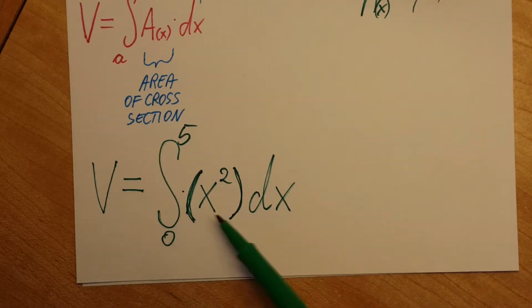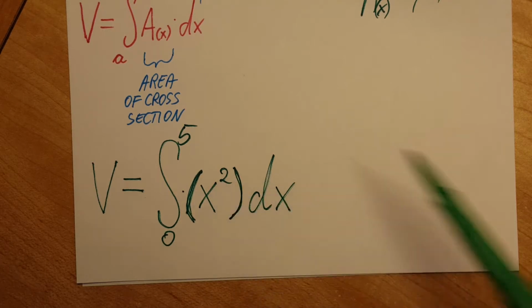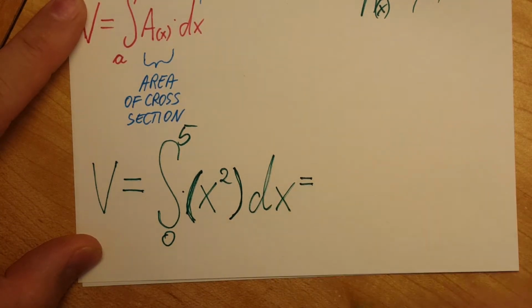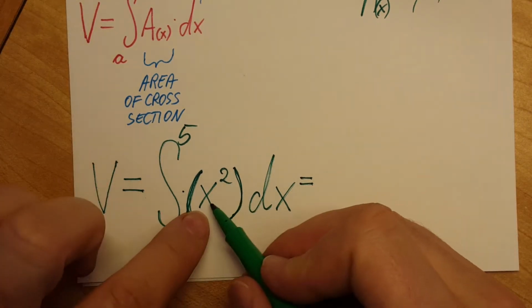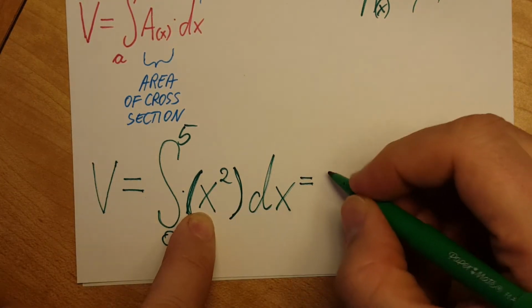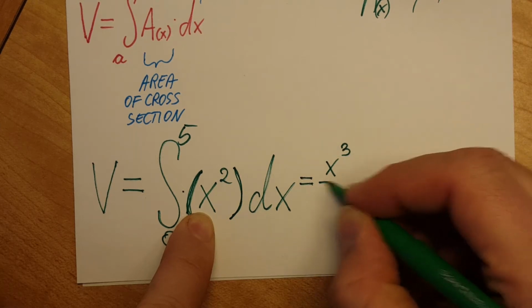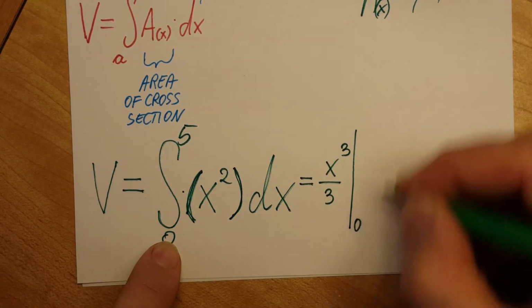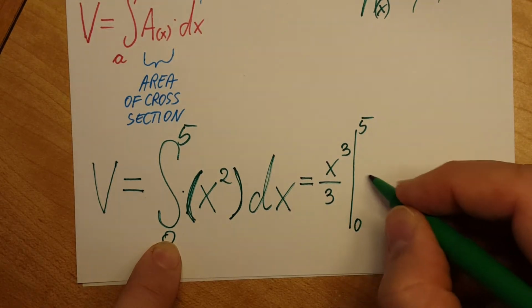Now we're going to go ahead and solve our integral, and we're going to find our value for the volume. So this is equal to the integral of x squared, which would be x cubed over 3, and we still have to plug in 0 to 5.